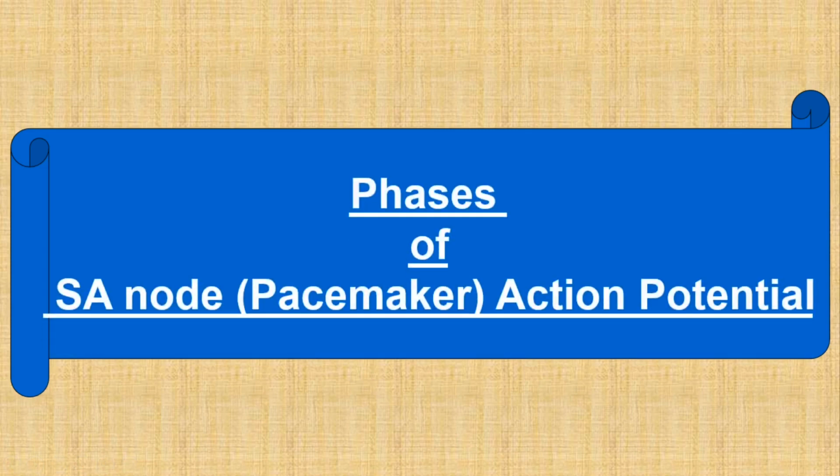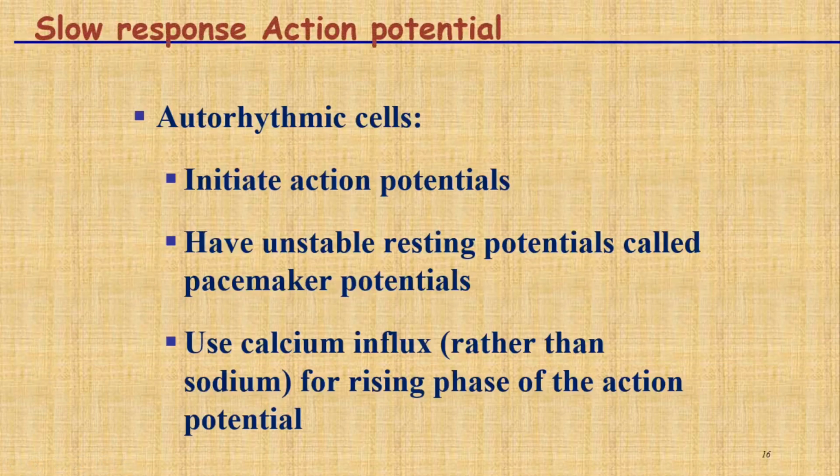Now we are going to see the slow response action potential that is usually seen in the SA node along with the AV node. So let us see the SA node or pacemaker action potential. What are the different phases or components? This slow response action potential has a unique property.